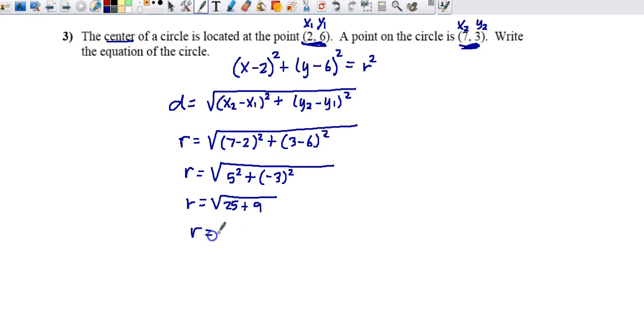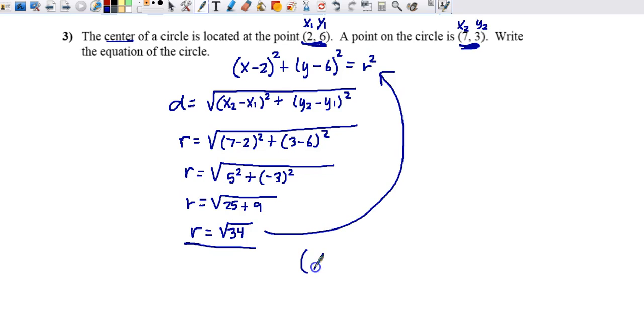And 25 plus 9 is 34. So if my radius is the square root of 34, my center is 2, 6, what I'm going to do is plug this back in for r, and I'll get my final equation to look like this.